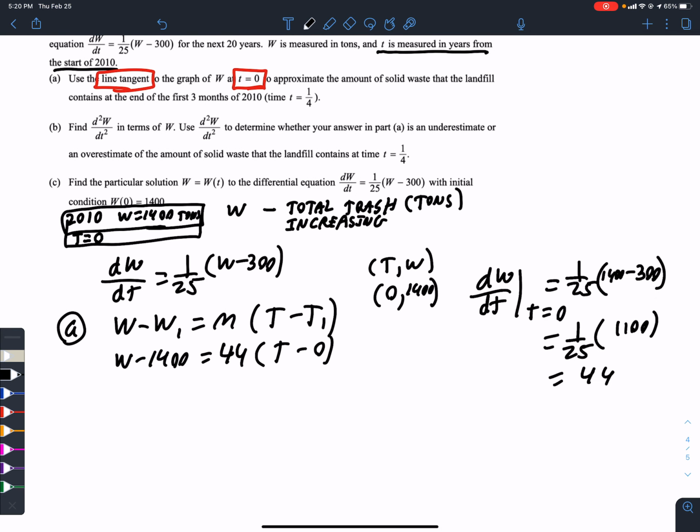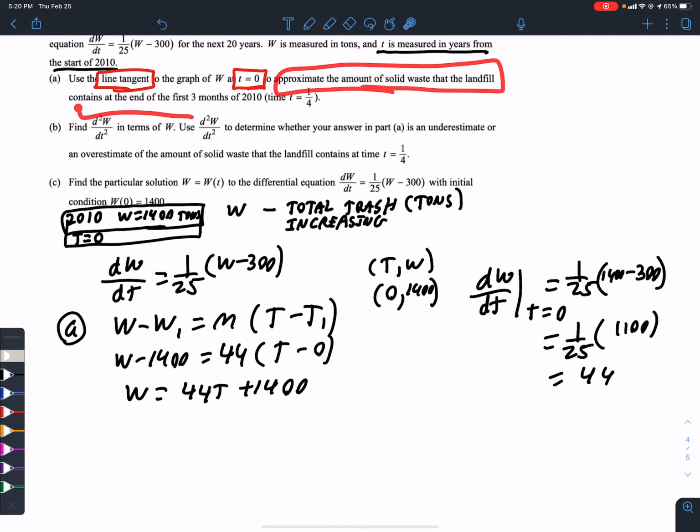Let's see. So I want to use this. So I'm going to solve for W. It's going to be 44t plus 1400. That's my tangent line. And it says, use this tangent line to approximate the amount of solid waste at the end of the first 3 months, or when t is 1/4.